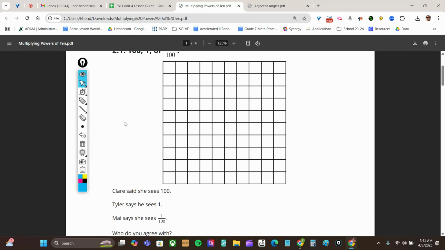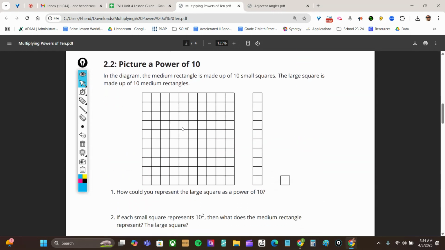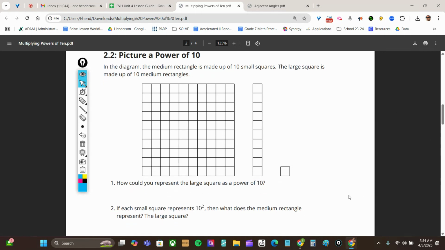Get ready to move to the next. Alright, let's move on to the next question. Go ahead and read that question. See if you can solve it. What I would do is draw a line here, and then on the left you solve it, and on the right we'll go over it.